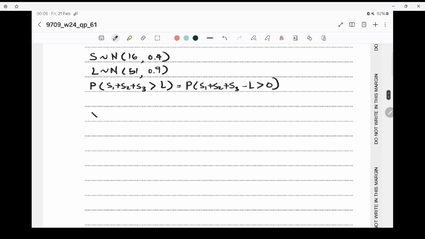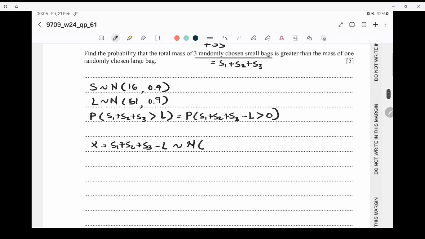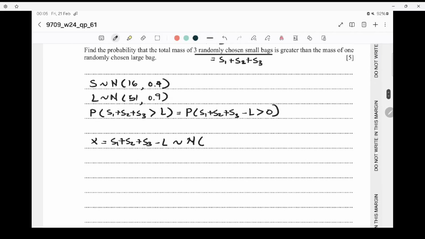So you can define a new random variable which is also normally distributed: S1 plus S2 plus S3 minus L. Because you are not taking 3S but S1 plus S2 plus S3, your mean should be 16 plus 16 plus 16 minus 51.